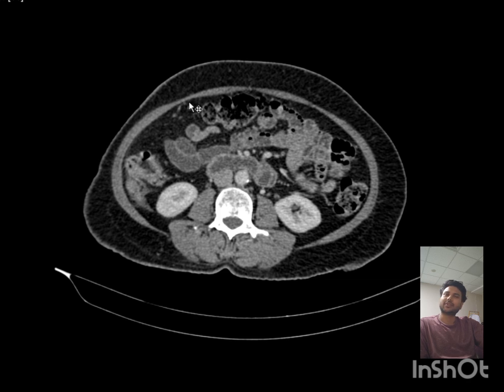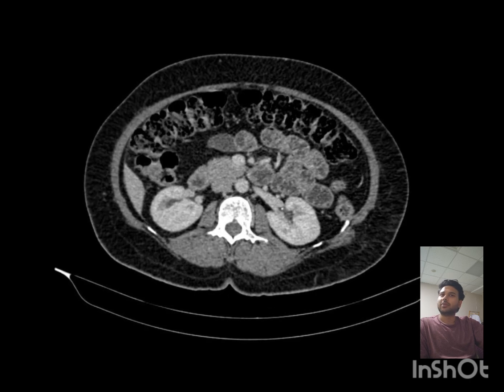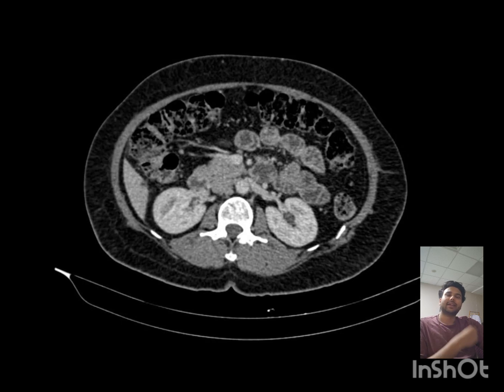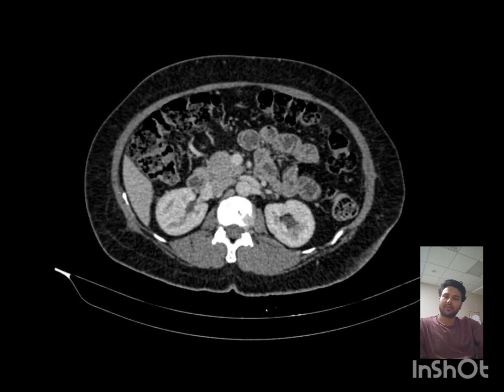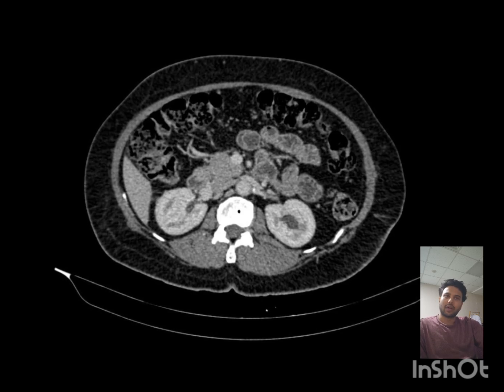In fact, it was very difficult to visualize the appendix because of the colon. So maybe the radiologist thought of a retrocecal or retrocolic appendix, and then the patient underwent a CECT scan to finally rule in or rule out appendicitis.